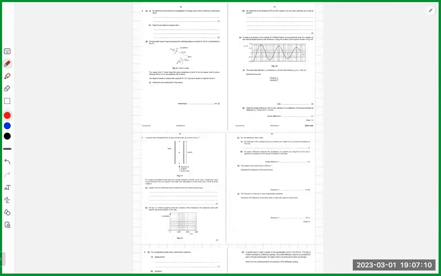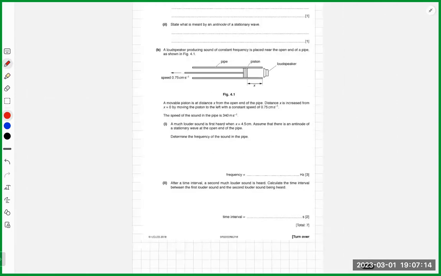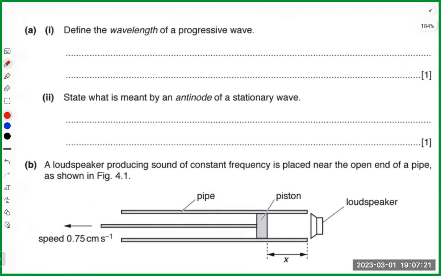Let's solve a question. Here's an example. Define the wavelength of a progressive wave.